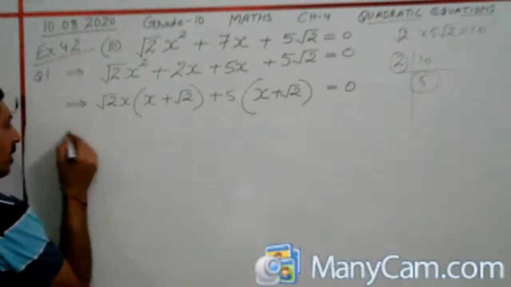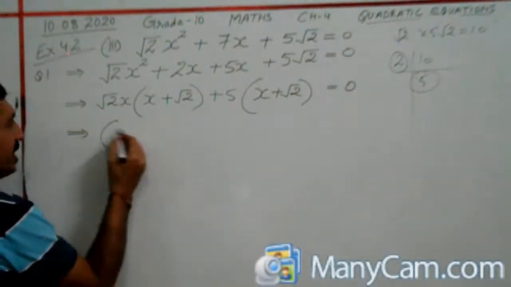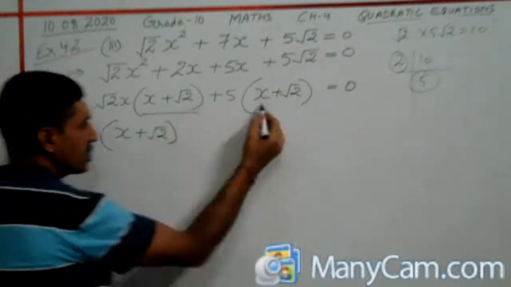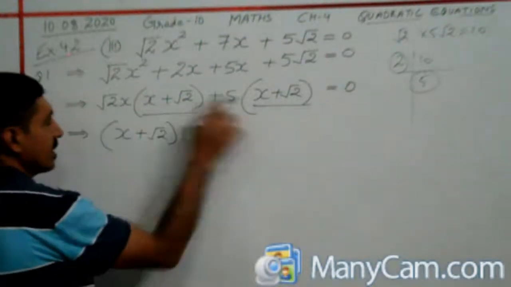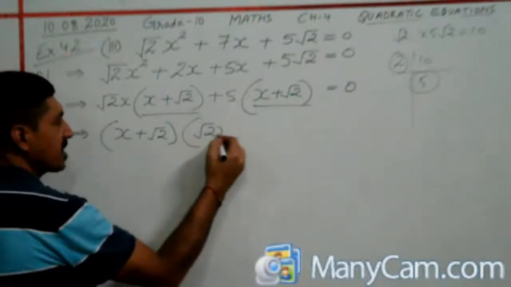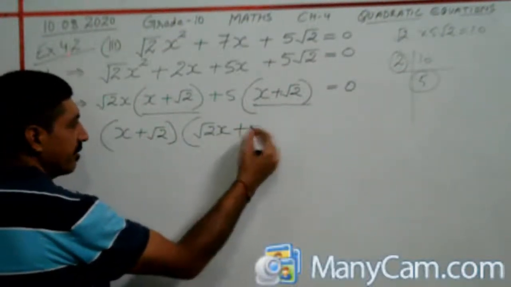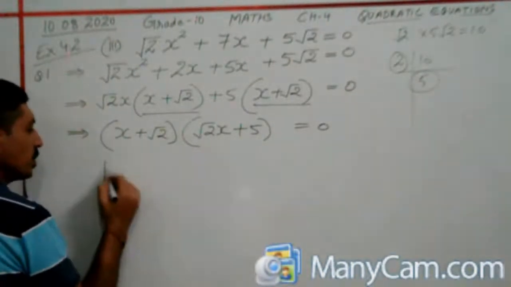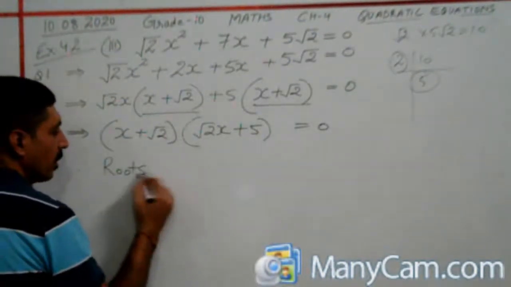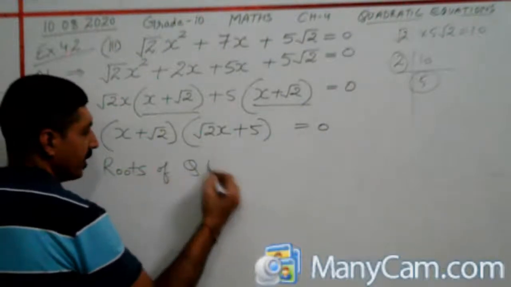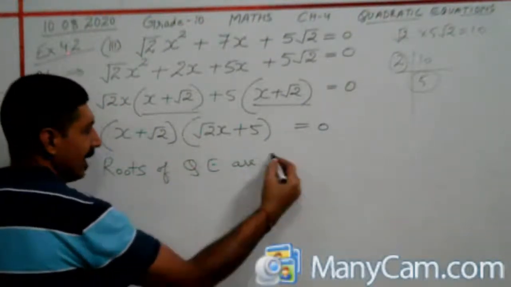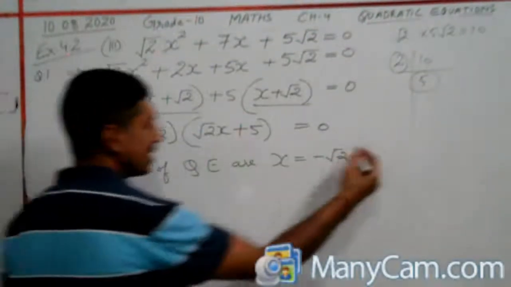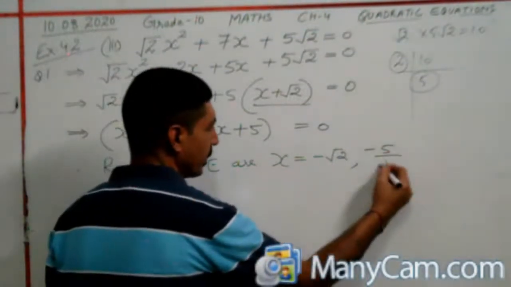So one factor is x plus root 2, and the other is root 2x plus 5, equal to 0. So what are the roots? The roots of the quadratic equation are x equal to minus root 2 or x equal to minus 5 by root 2.